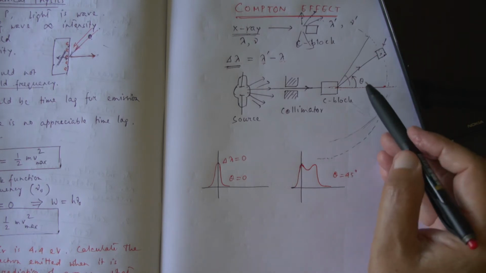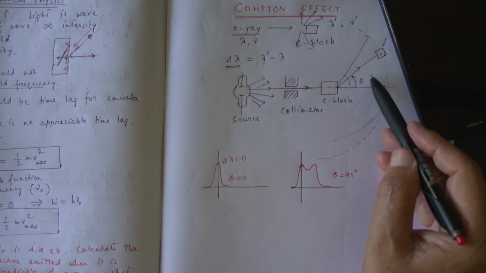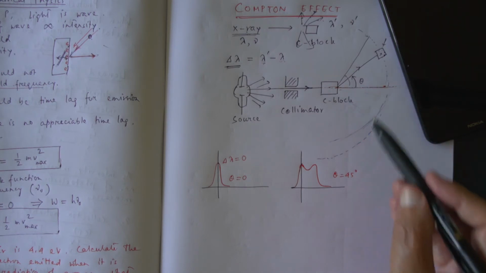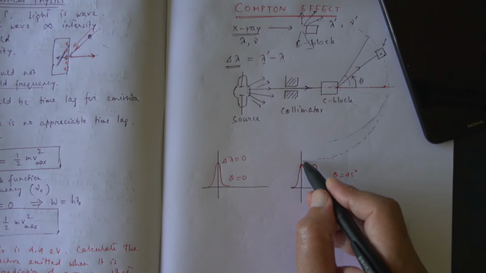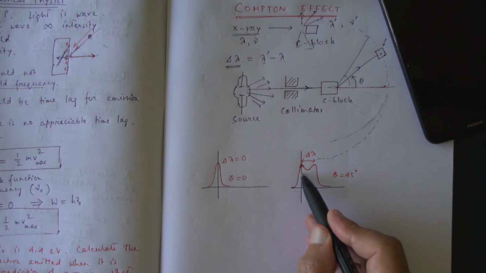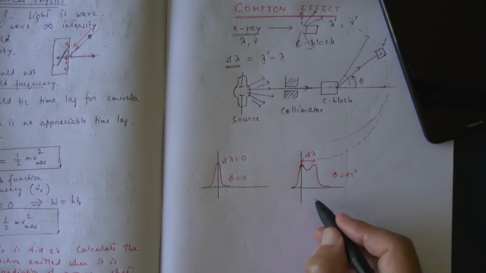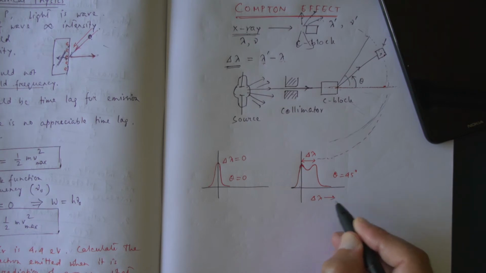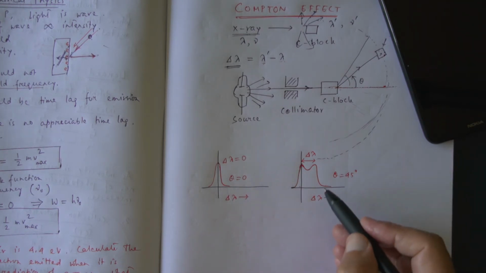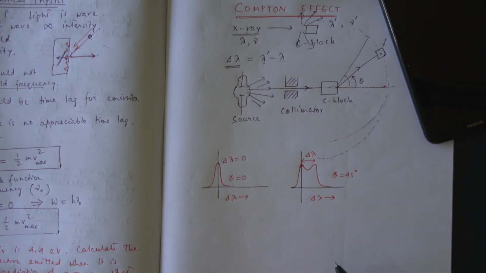We have measured the scattered radiation at 45 degree with respect to the incident radiation. Then there is a difference. This is del lambda along this axis, so there is a definite value.